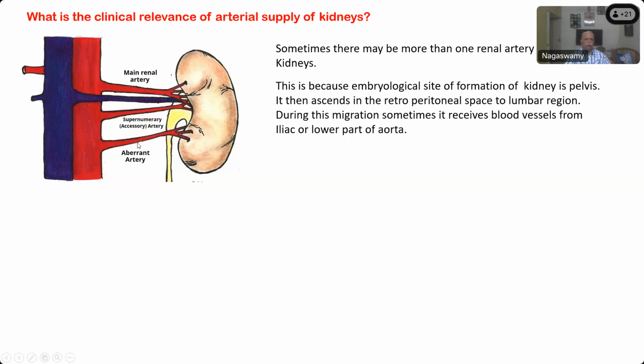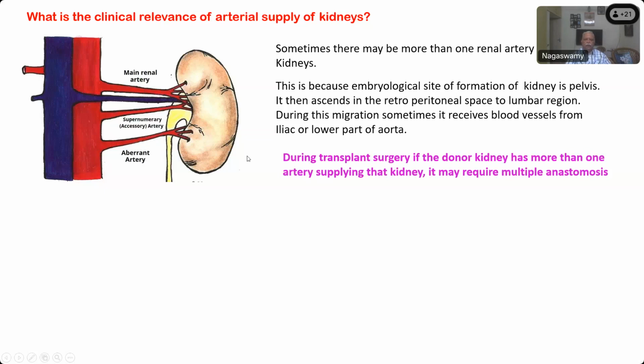So that is the importance of the blood supply to the kidney. During transplant surgery, if the donor kidney has more than one artery supplying it, it may require multiple anastomosis.